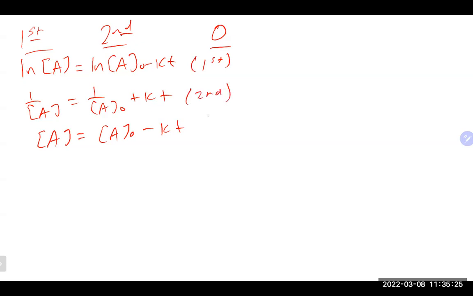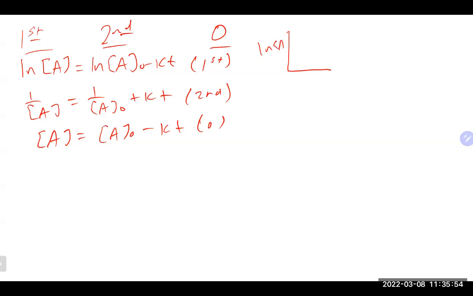They each also have specific half-life equations that we talked about. For first order, the initial concentration is not taken into account for the half-life. For second and zero order, you do take the initial concentration into account, as it has an effect on the half-life.